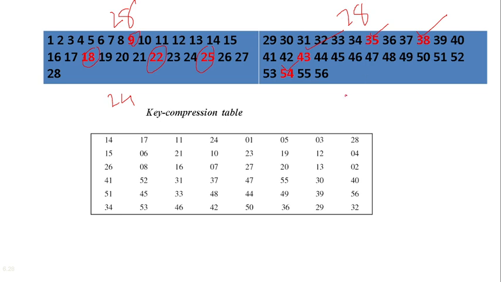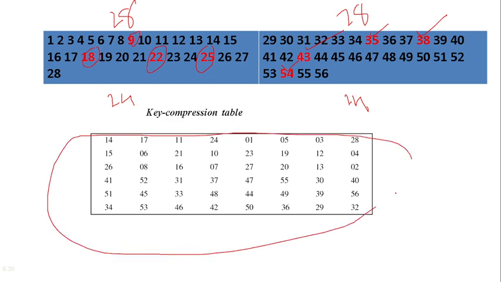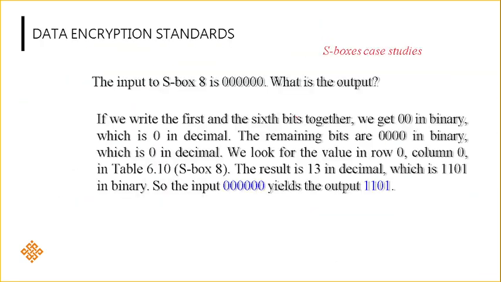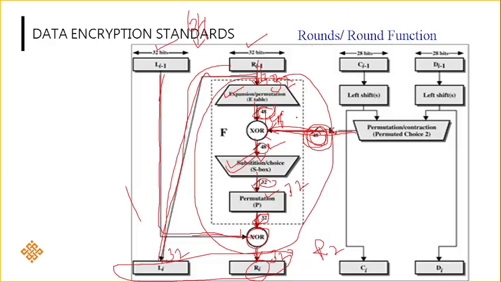Remaining is how many? 24. 24 plus 24 how much? 48. So this is the 48-bit key we are generating from 56 bits. Okay, hope you understood. So this is how we are getting 48 bits. That 48-bit key we are sending to each round. That is what I have shown here.